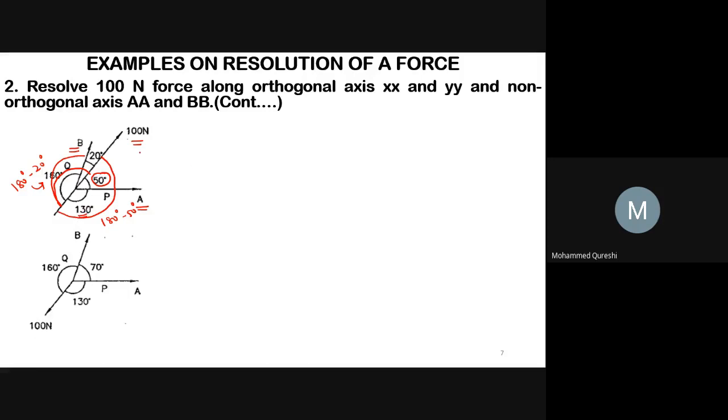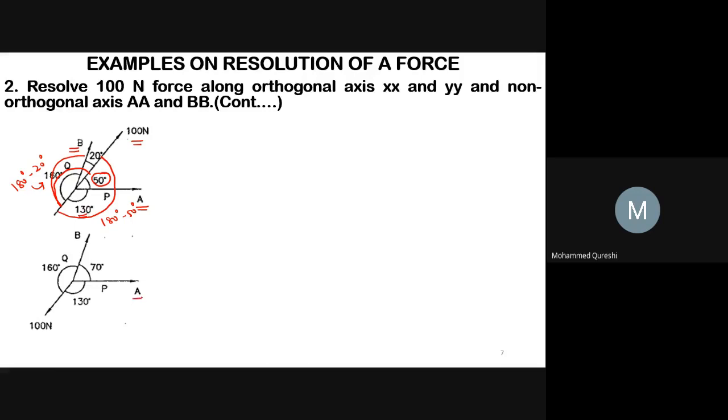Now we have two axes A and B. So let us denote both the axes with some force. At axis A we have given P force, and at axis B we have assumed Q force.